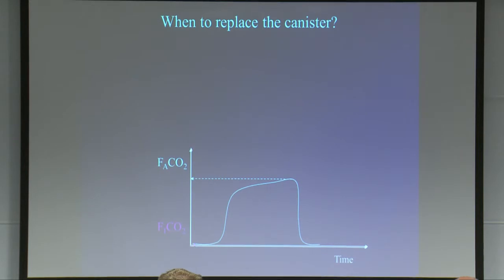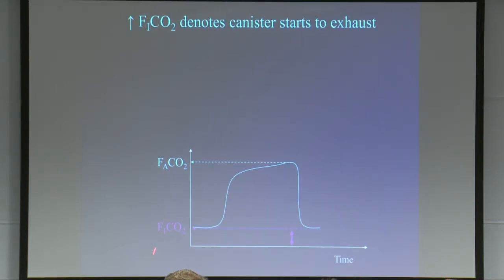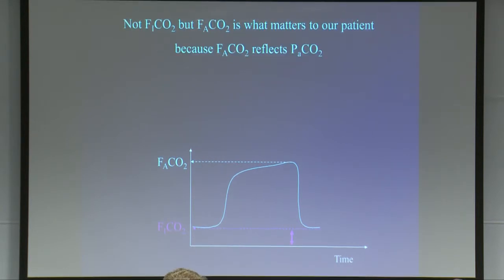When to replace the canister? This is your typical capnogram, this is your end-tidal alveolar CO2, and this is your inspired CO2. Normally, this goes back to baseline 0. At some point, you may see that the inspired CO2 increases, and that denotes that the canister is starting to exhaust.